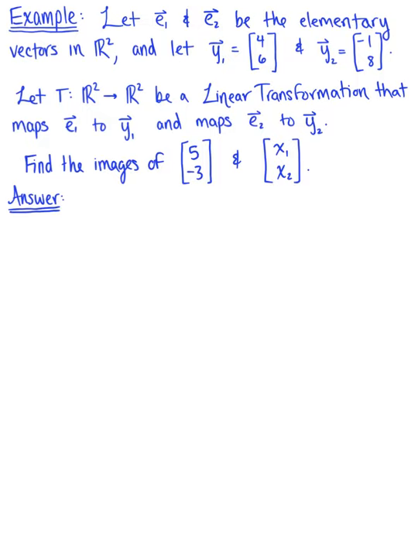Okay, so let's get started here by simply thinking about what exactly we are given. Well, we have the transformation T from R2 to R2 is a linear transformation. So this linear transformation is closed under vector addition and scalar multiplication.